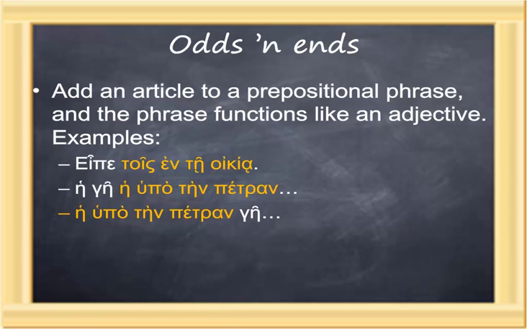More smoothly, we'd probably do it, the ground under the rock. And in the final example, he hypo ten petran ge, we have exactly the same circumstance. The under the rock ground, or the ground under the rock.